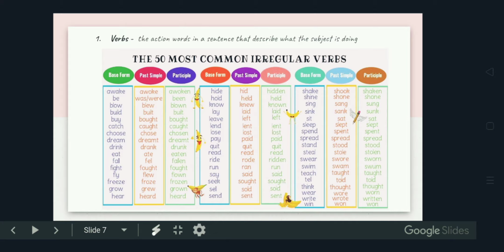But for irregular verbs, the form changes. So please take a look at these 50 most common irregular verbs. Again, if you need to pause the video, you may pause it so that you can read through the notes.